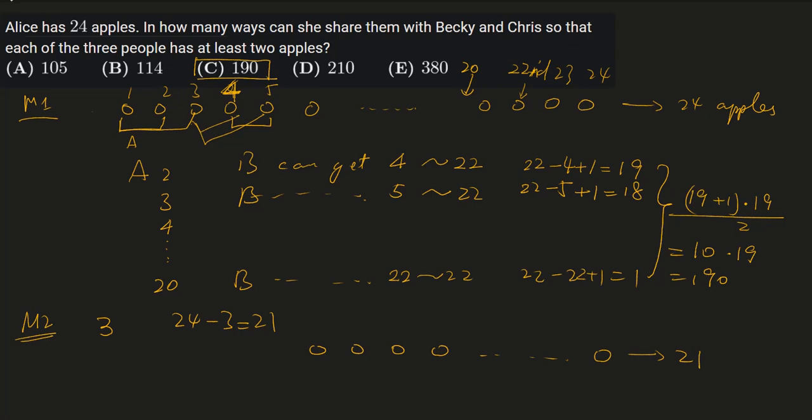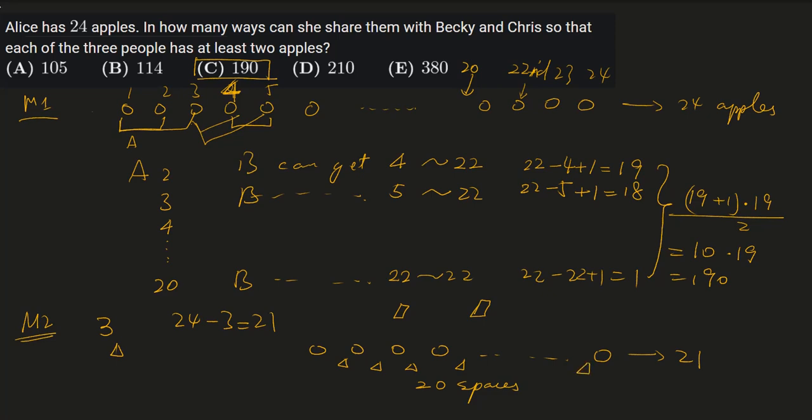Then that is good enough, because each of them already has 1 apple from these 3, right? Then this is equivalent to putting 2 small bars between these apples. Between the 21 apples, there are 20 spaces, one between each pair of adjacent apples.